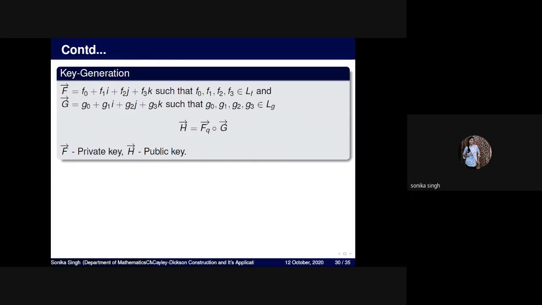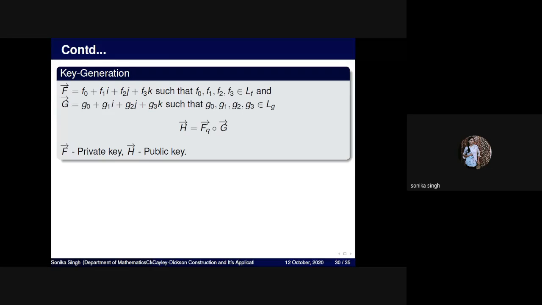This is a mathematical model for the QTRU crypto system. For generating keys, two quaternions having polynomial coefficients f and g from LF and LG are chosen respectively, and the expression h is equal to fq of g. Then capital F is fixed as the private key, and capital H is fixed as the public key.